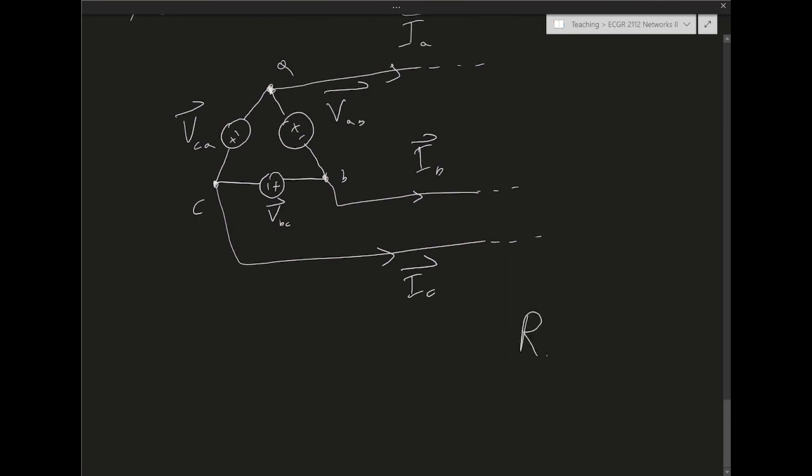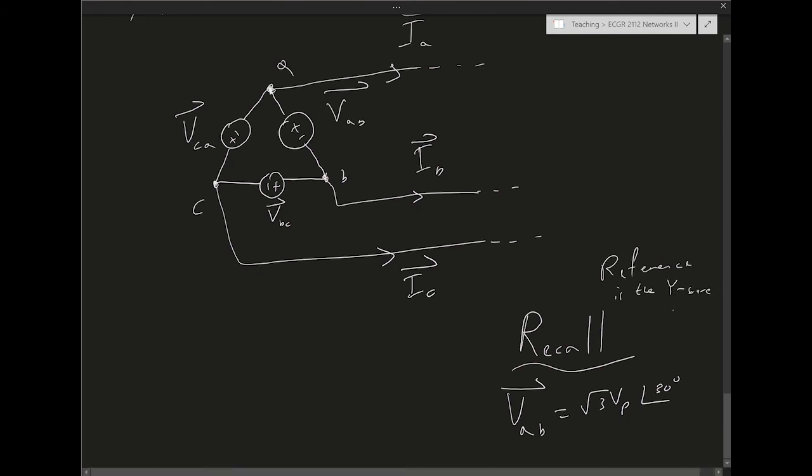Recall that we related the line voltage, or what's called the line-to-line voltage, with the phase voltage using the following equations. We derived that previously. So VAB is square root of 3 VP at 30 degrees, assuming that the reference is the Y source.